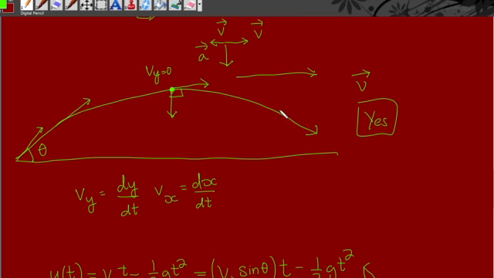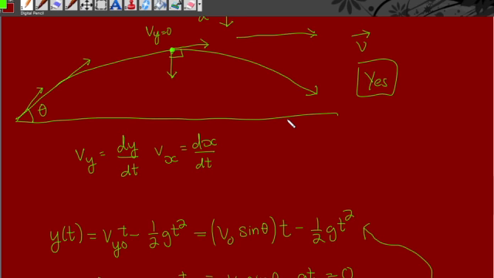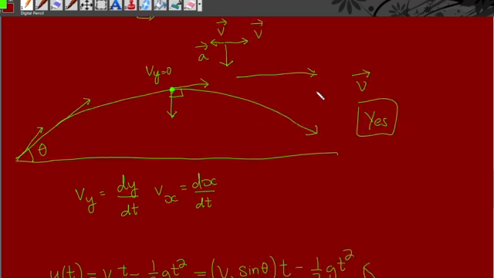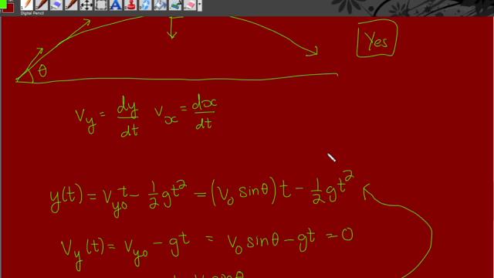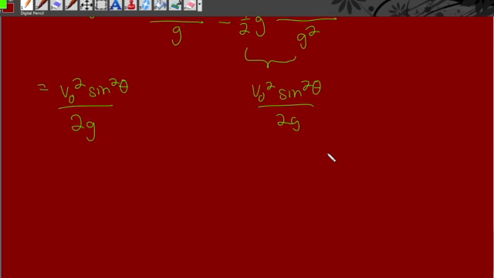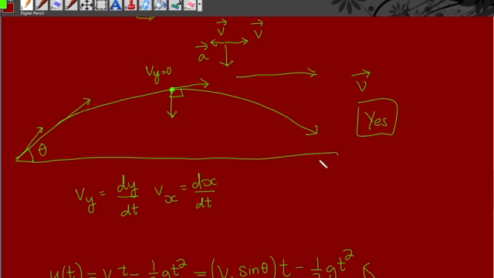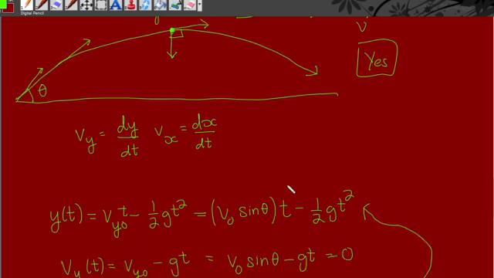If we assume level ground, which is what the problem specified, then we know that the y position, or height, is 0 when it completes its full range of motion.